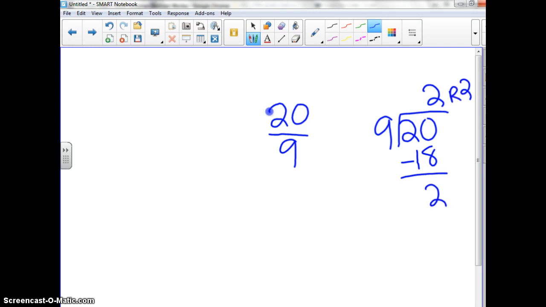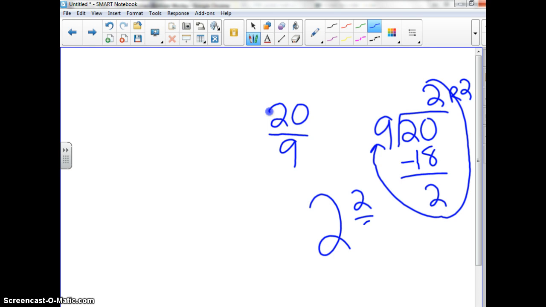Well, what we do is we take that answer and we make it into a mixed number. We start with the 2. This is our big number. This is the top of our fraction. This is the bottom of our fraction. We kind of wind it all the way around. So 2 2/9. We use this number, and this number. 2 2/9.